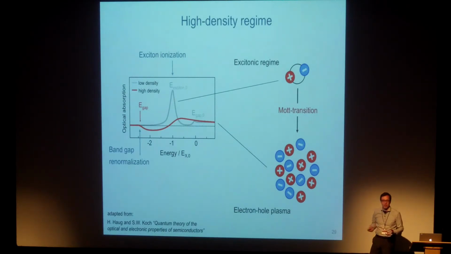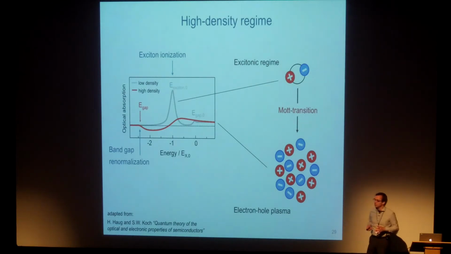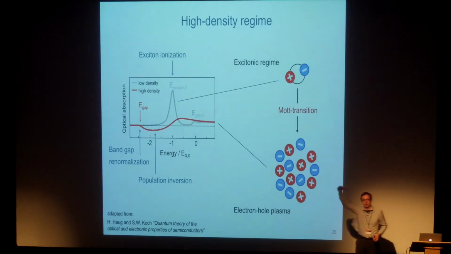And finally, of course, we have carrier population. So we pump so many carriers that we have chemical potentials on the order of hundreds of meV. That means we have not only bleaching, but even an effect called population inversion, which means, as we know from atom optics, that we have more carriers in excited states than in the ground state.